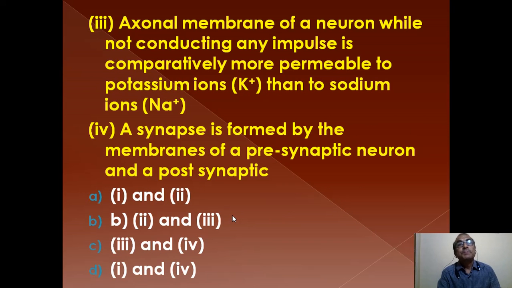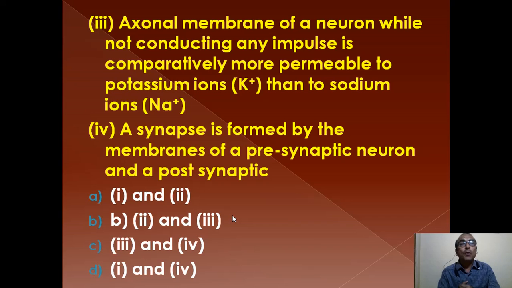Statement number 3. Axonal membrane of a neuron, while not conducting any impulse, is comparatively more permeable to potassium ions than sodium ions. That is true. Potassium ions can be moving inside, but sodium ions cannot move inside when it is in the resting potential. Okay, that is not conducting any impulses. So that statement is correct.